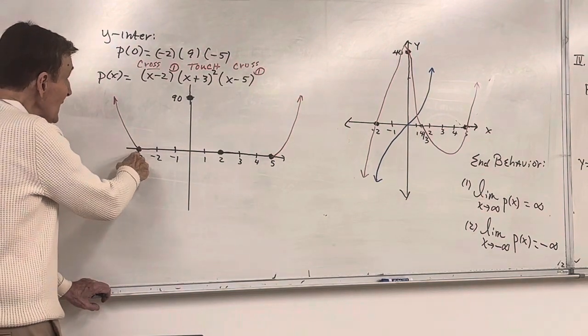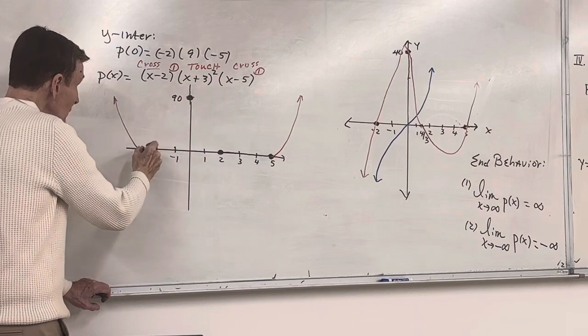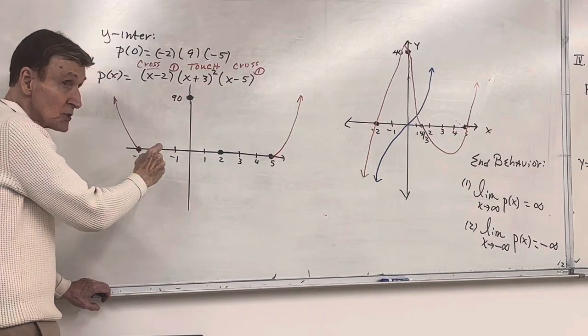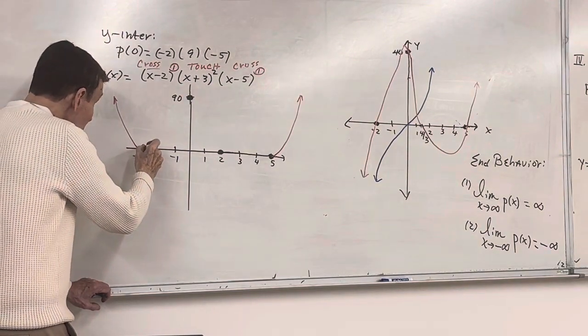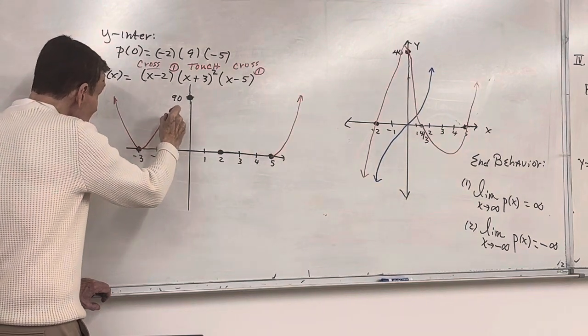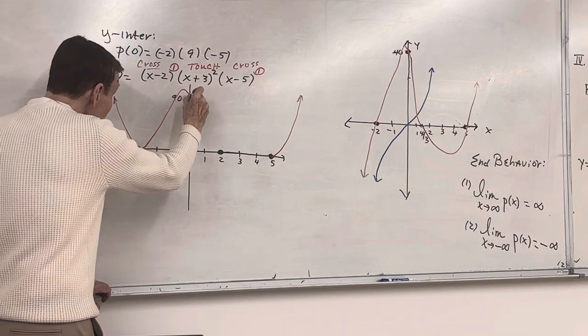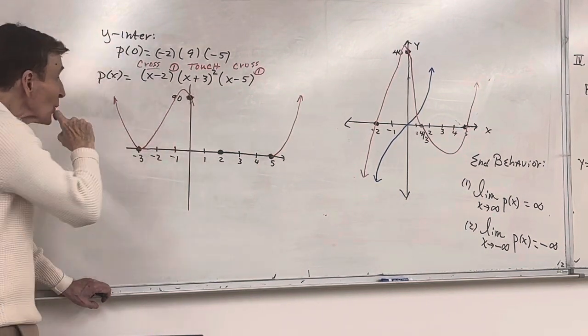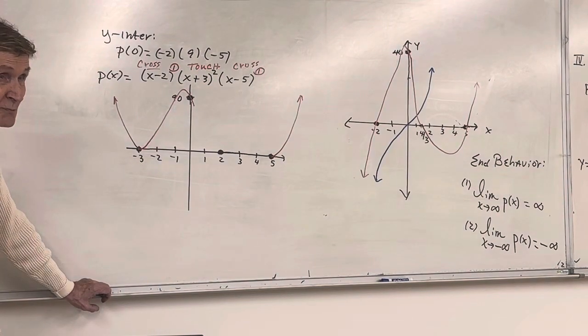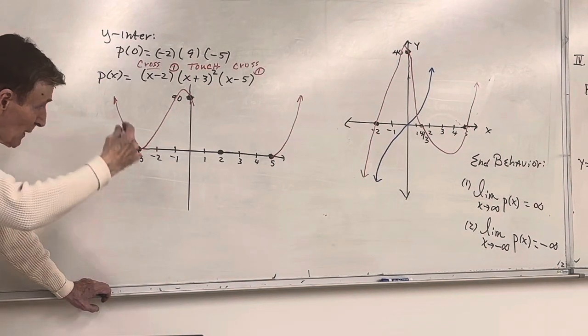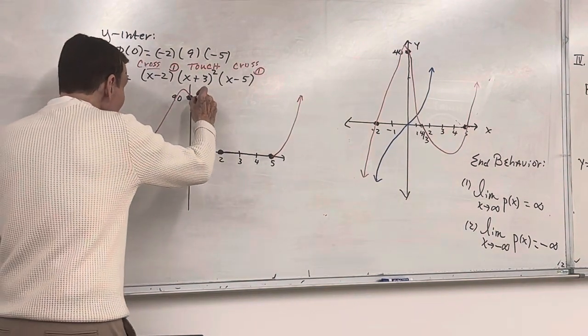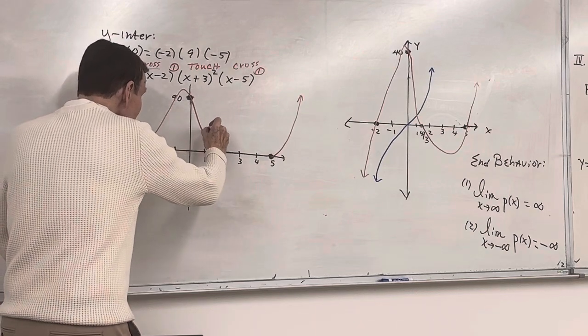At -3, based on this, it should touch. In other words, bounce back, not cross. And eventually it's got to come up and pick up that y-intercept. It's going to come on down and pick up my 2.